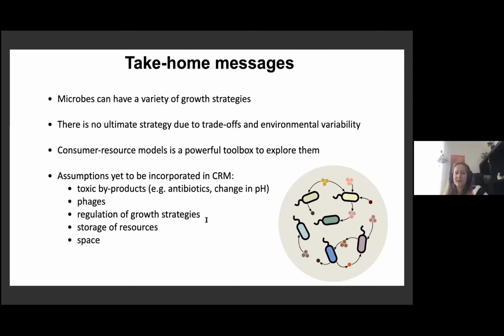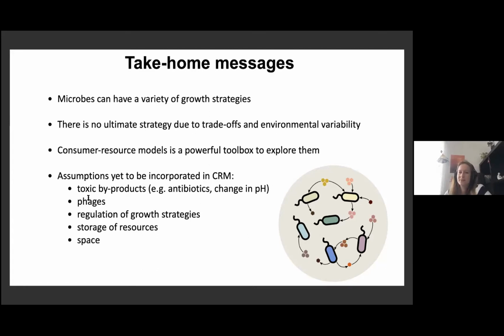For example, some of the byproducts that are generated by microbes can be toxic. Some microbes can synthesize antibiotics, or some of the byproducts can change the pH in the media, and then it will affect other members of the community. You can also try to put phages on top of this community dynamics.